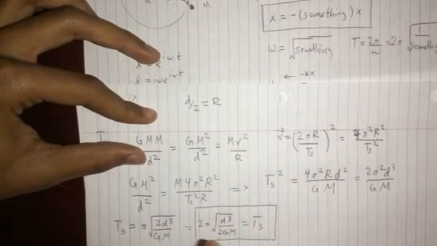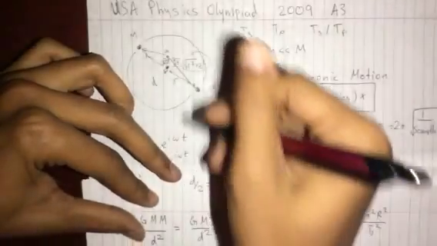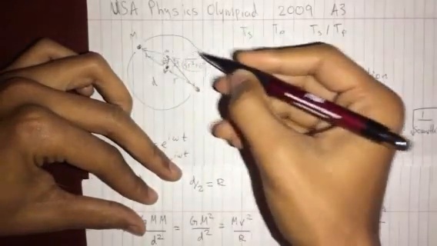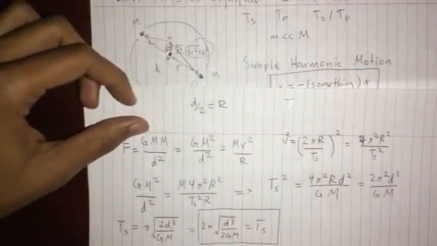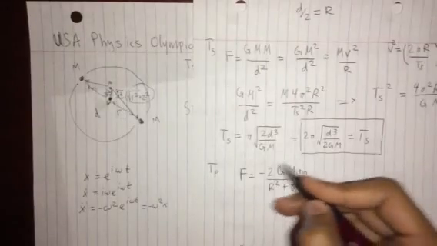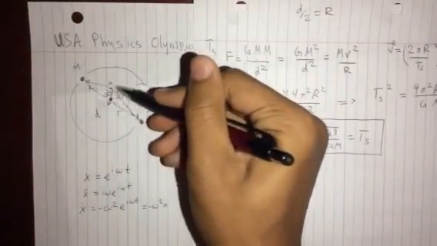So that's r squared plus z squared. But we want the y component of this force. Right now, this force is along this whole direction, but we just want the y component of that.